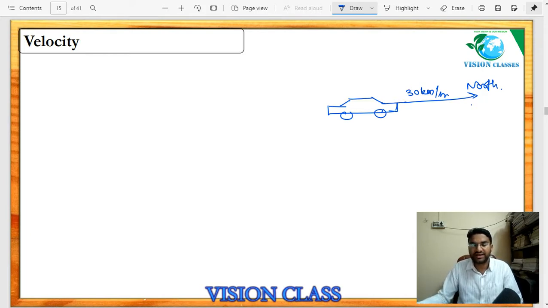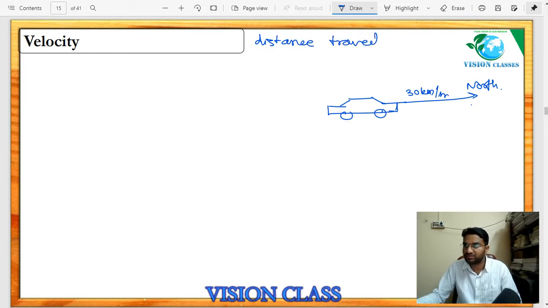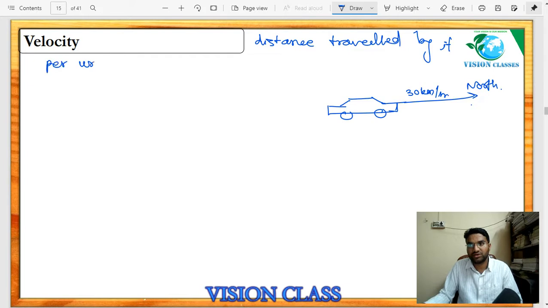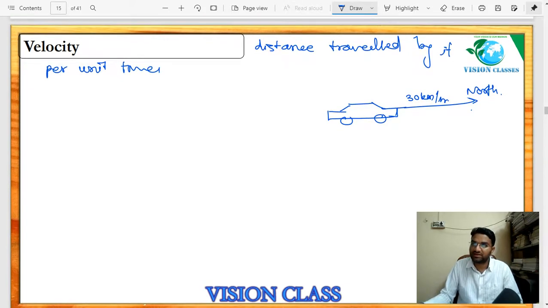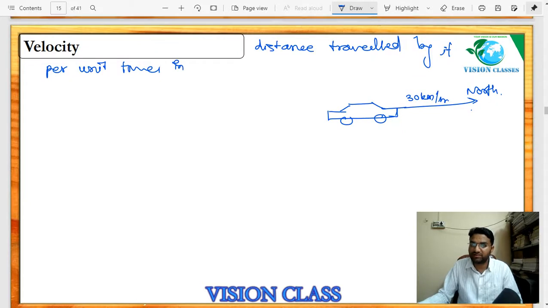Velocity of the car is nothing but the distance traveled by it per unit time in a given direction.